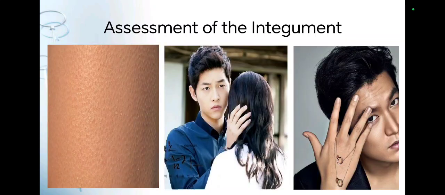So now let's talk about the assessment of your integumentary system. The integumentary system is the body's largest organ system, right? It is the largest organ in the body, the external largest organ in the body. It serves as the first line of defense against injury, against infection, against environmental hazards.